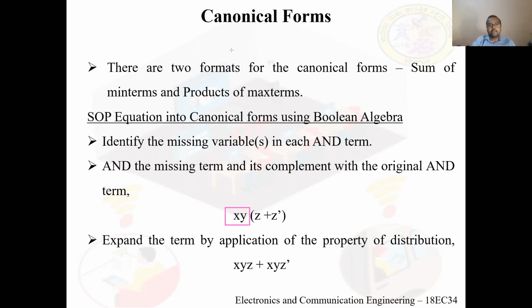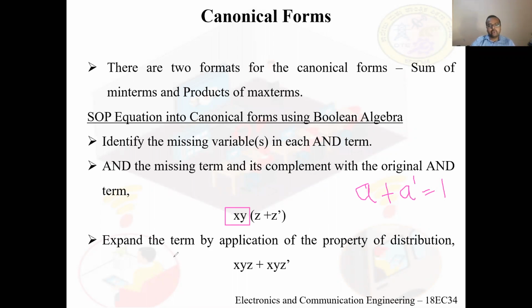We know that A or A bar is equal to 1. So if I add this term also, there is no change to the equation here. It still remains XY because A or A bar is equal to 1, as we know the Boolean postulate here.